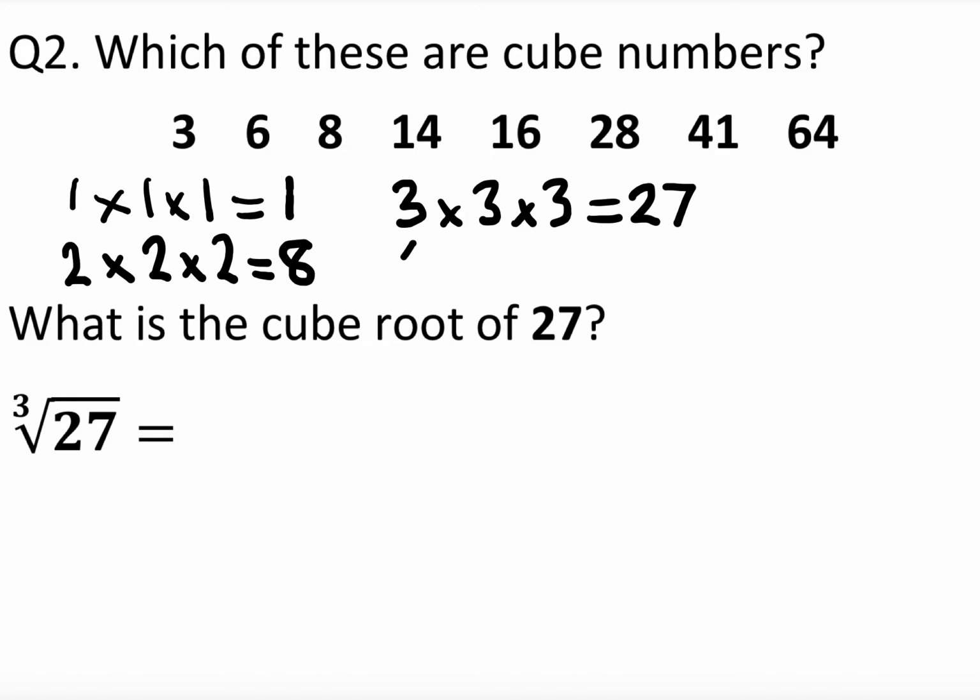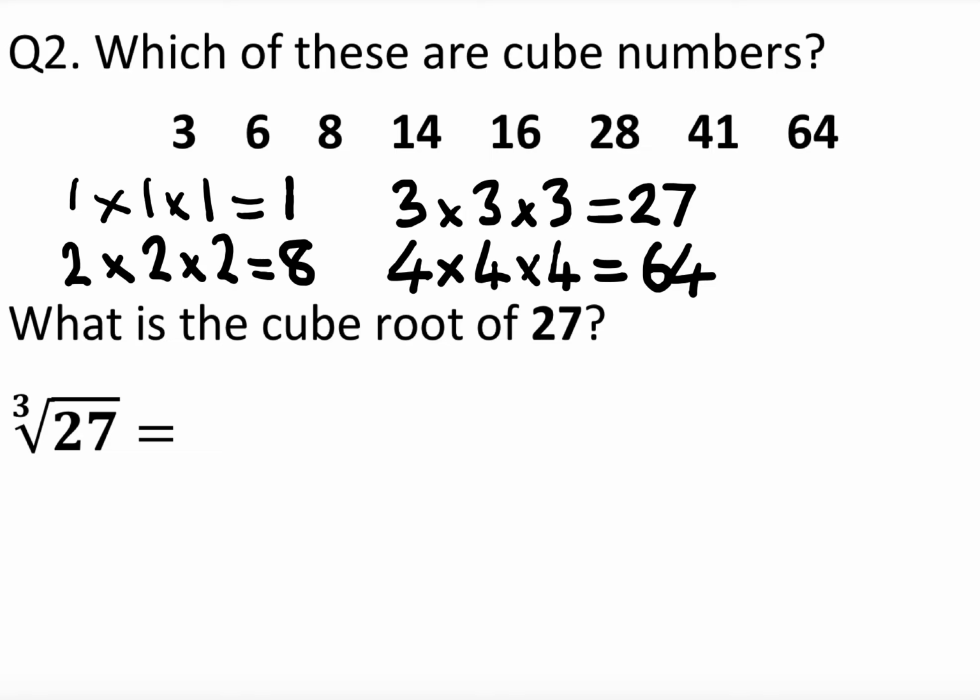What about 4s? Should we have a look at the 4s? 4 times 4 times 4 equals, well, 4 times 4 is 16. 16 times 4 is 64. So what have we got there?